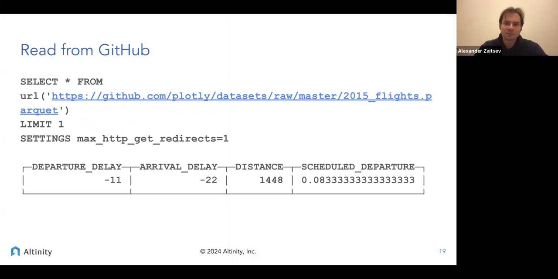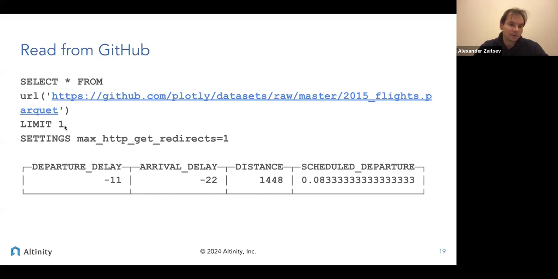So this is the first example. I just found the dataset from Kaggle, benchmarks, or training data, if I recall correctly. This is different data, but also related to flights. And you can very easily query it from ClickHouse, right?